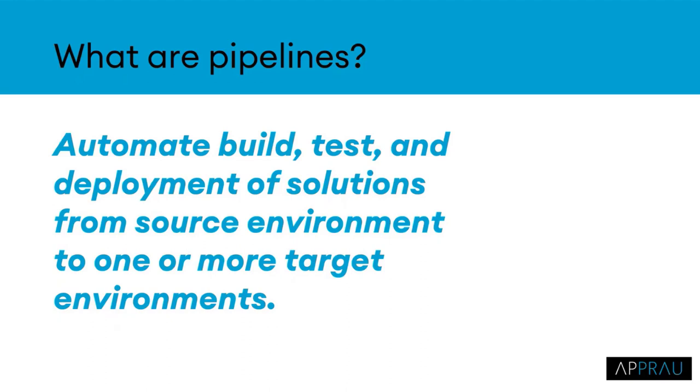Traditionally, in general software development, let's say you're developing a .NET application or website, you have your code, and then you can automate the build process of your source code or your application. And then you can also have your test scripts, and then you can deploy that to different environments. So you can automate all of these using pipelines.